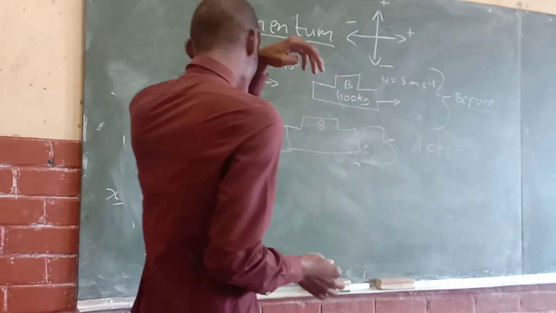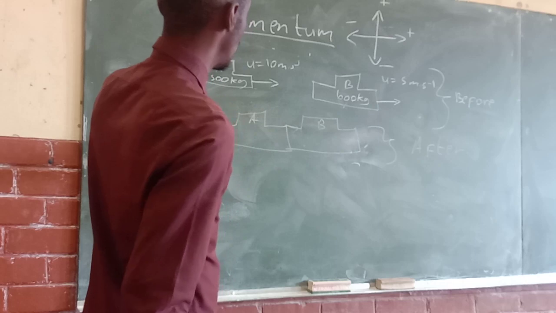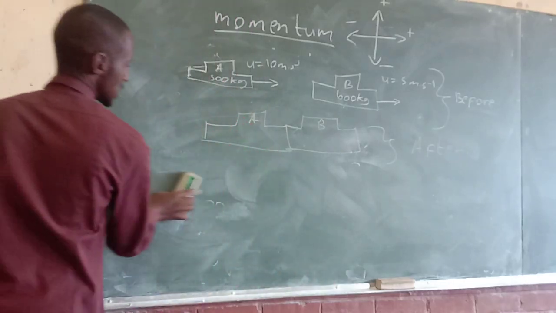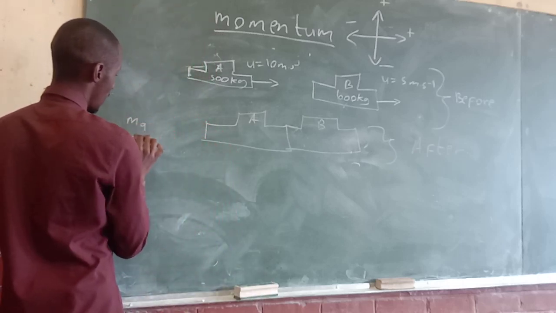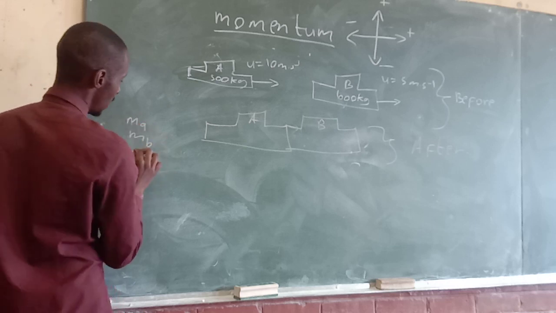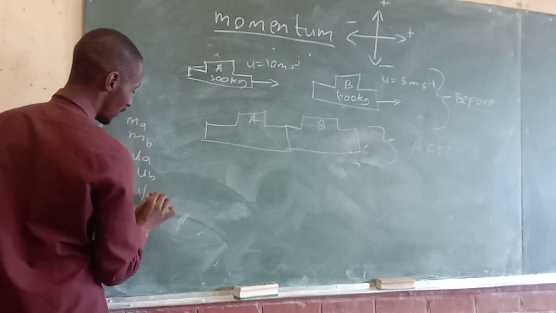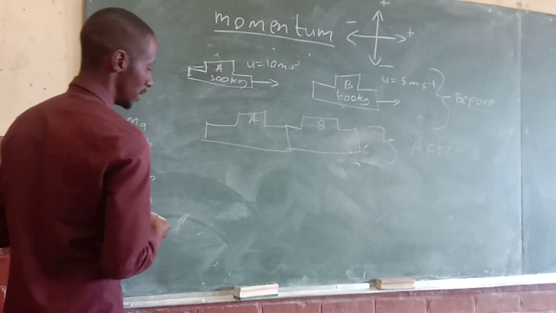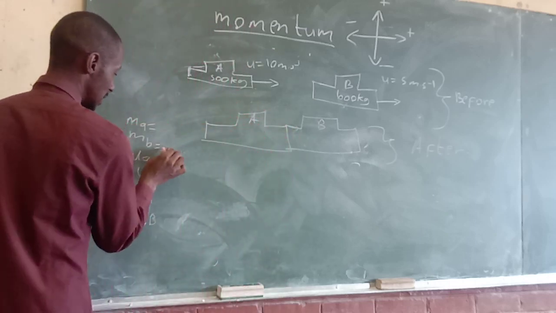Okay, so what do we do here? What I like doing when dealing with such equations is writing out the data provided by the scenario. So I'll write down mA, mB, the mass of car A, the mass of car B, the initial velocity of car A, the initial velocity of car B, the final velocity of car A, and the final velocity of car B. So we write our data out.